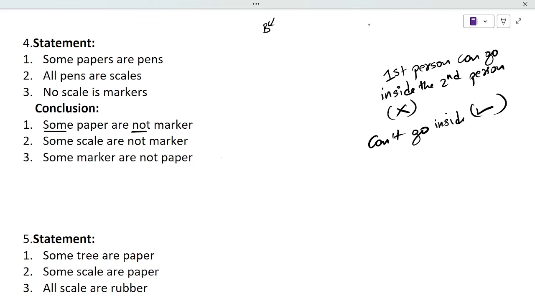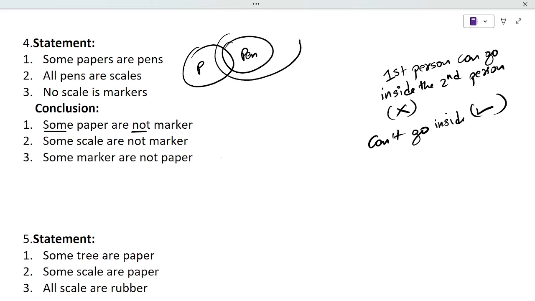All pen are scale. No scale is marker. Marker and scale can't touch. So all the conclusions are negative, some not cases.